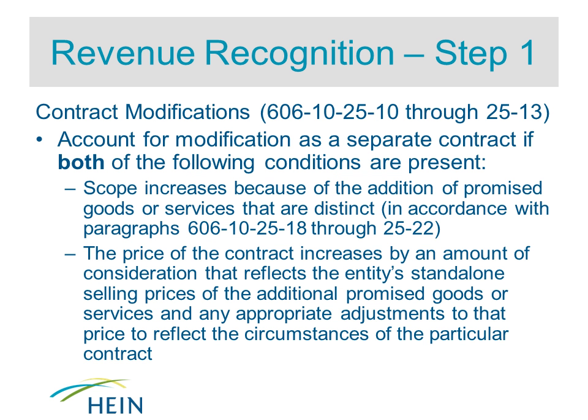The scope increases because of the addition of promised goods or services that are distinct. And that concept of distinct is going to be talked about in step two, which is forthcoming. So don't worry about that just yet, but understand that all these concepts will tie together. And secondly, the price of the contract increases by an amount of consideration that reflects the entity's standalone selling price. So if both those conditions exist, then the contract modification can be accounted for as a separate new contract.